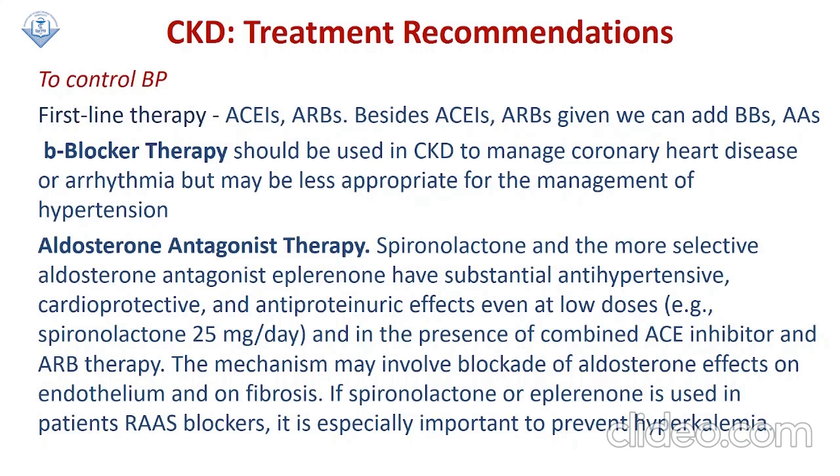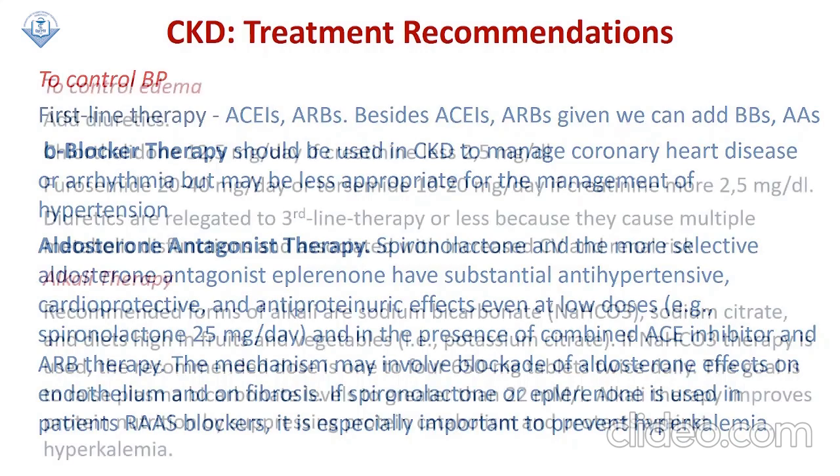We must be careful with this parameter and control potassium level regularly. If possible, the usage of this medication is very good and very effective because they have substantial antihypertensive, cardioprotective and antiproteinuric effects even in low doses.